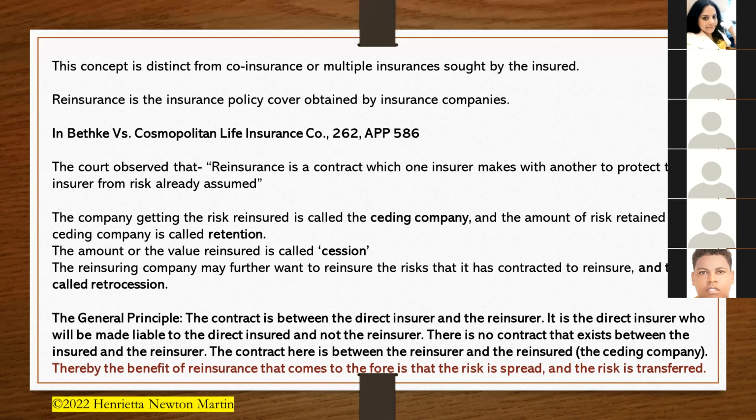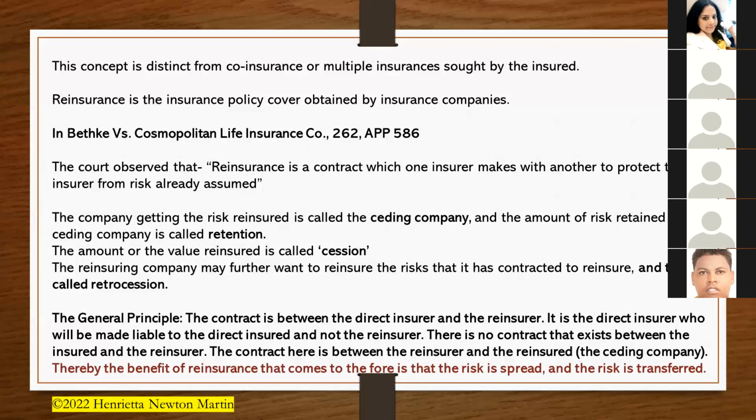Again, I'll repeat it for you. Company A is an insurance company. Company B is another insurance company. Company A is telling company B, please, I've got a lot of risks that need to be covered. I'm not able to handle it. Please, I want you to insure it for me. So company B takes over some of the risks. Company A is called the ceding company.